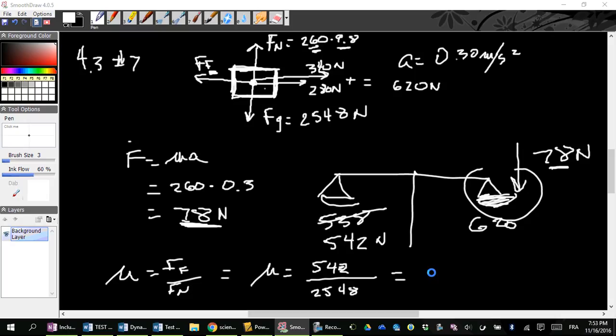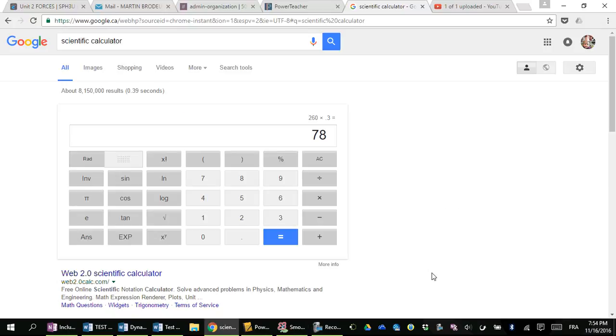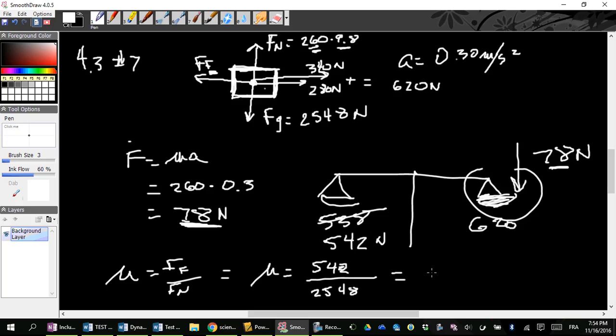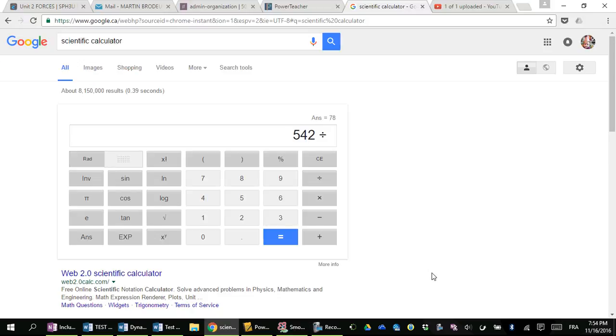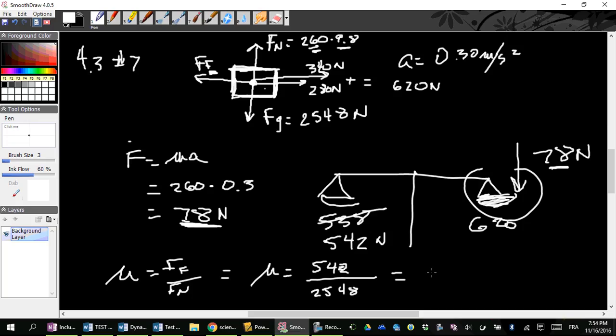Okay, 542. Point 21. Remember, coefficient is unitless. 0.21. Perfect. Okay. Next one.